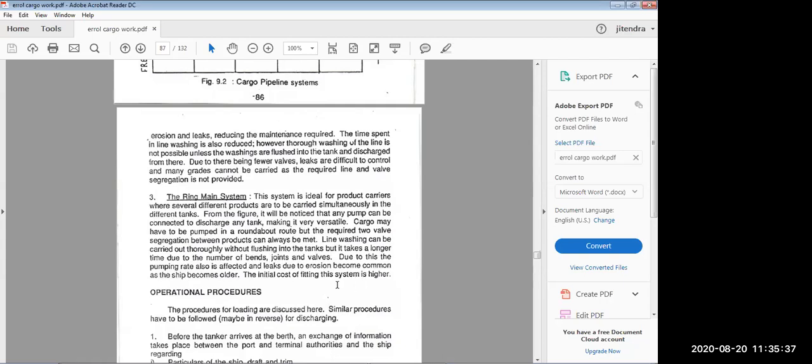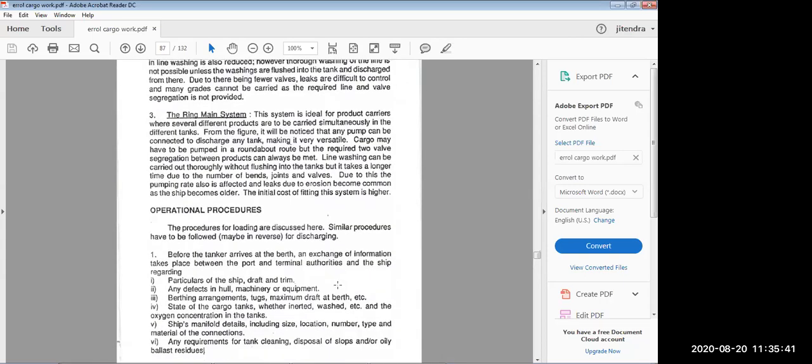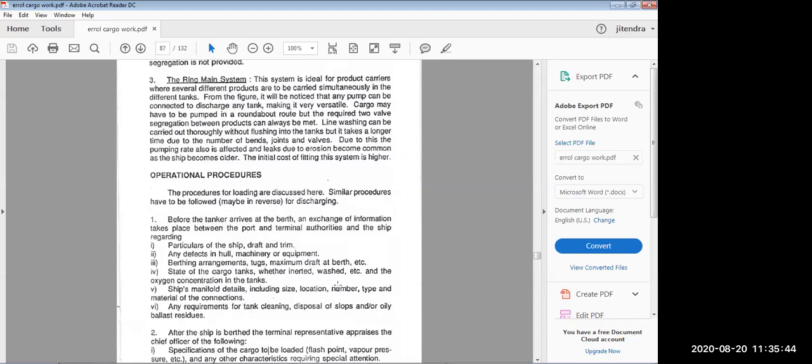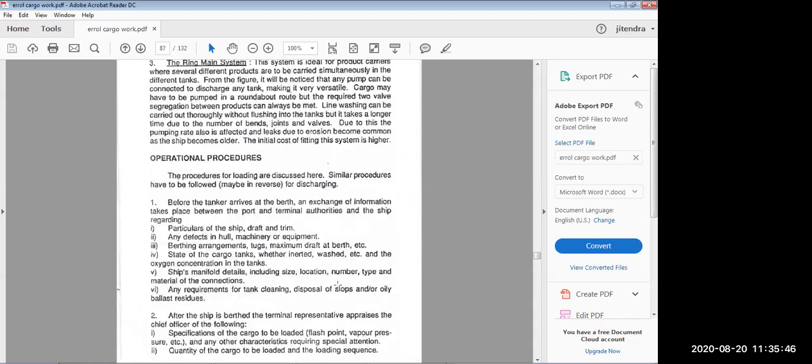So the operational procedures for loading and discharging, you have mostly done. Before the tanker arrives at berth, you are sometimes asked about the cargo documents.